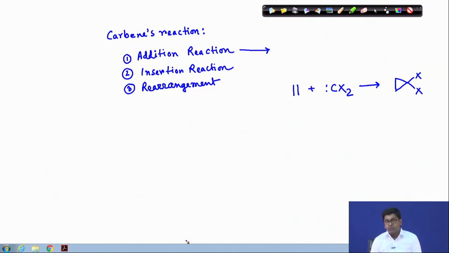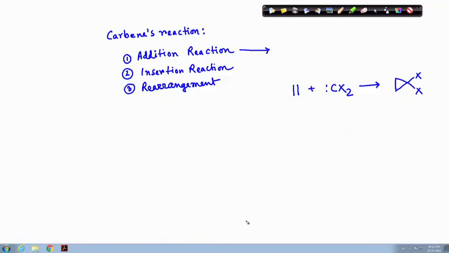Basically, the electronic nature of the carbene can be verified through these experimental results. Apart from spectroscopic methods, we can measure the nature of carbenes through these addition reactions. Through singlet, we get only one product, but if it is triplet, then due to stepwise reaction, it will give more than one product.